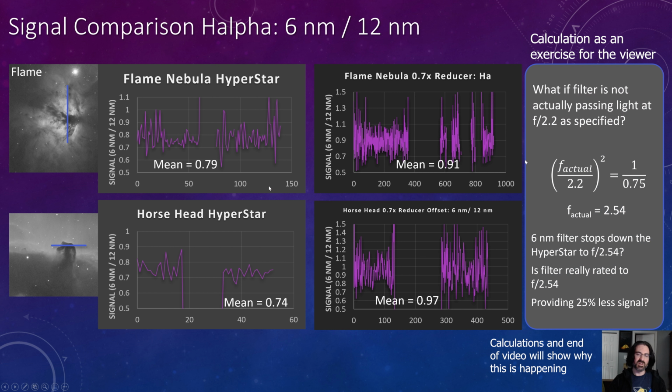If I were to do the same analysis with the 0.7 reducer configuration, we're seeing a mean of about 0.9 to 0.97. So essentially, we see the same thing out of the f7 configuration, but we're seeing a reduction in signal for the narrower bandwidth filter of about a 25% suppression when we thought we would be getting better signal.